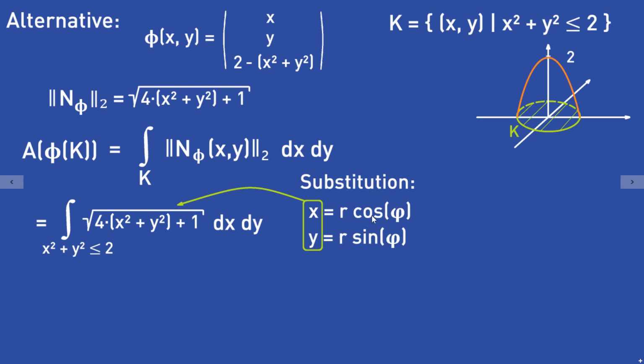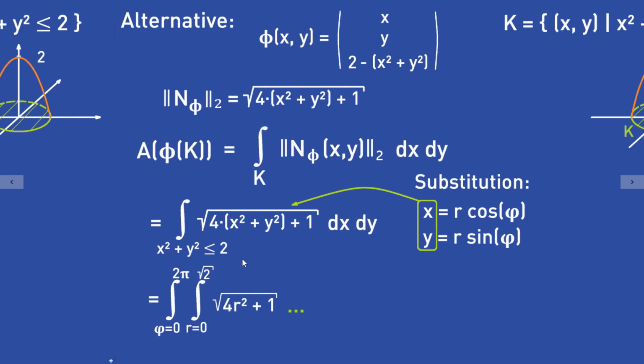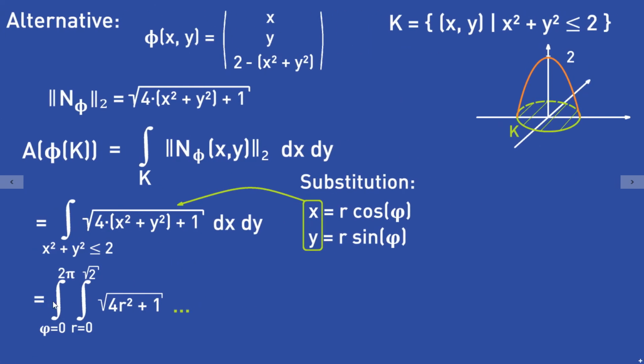So when inserting this here, you get the following integral. The integral of phi from 0 to 2 pi, the integral of r from 0 to the square root of 2 of the square root of 4 times r squared plus 1. This follows from this substitution here.